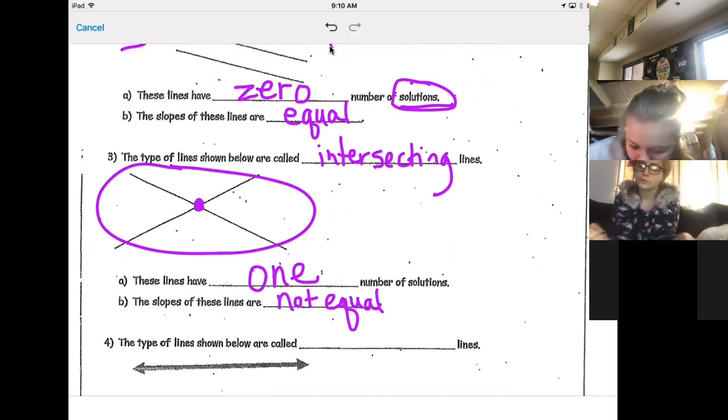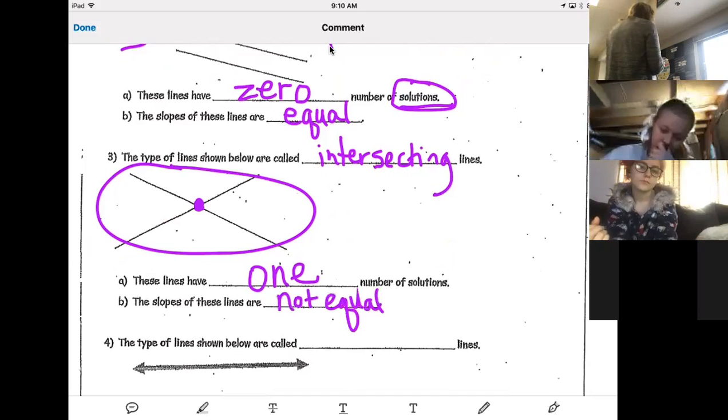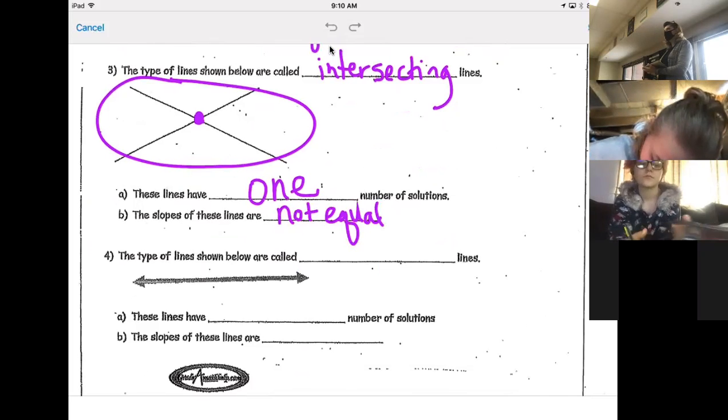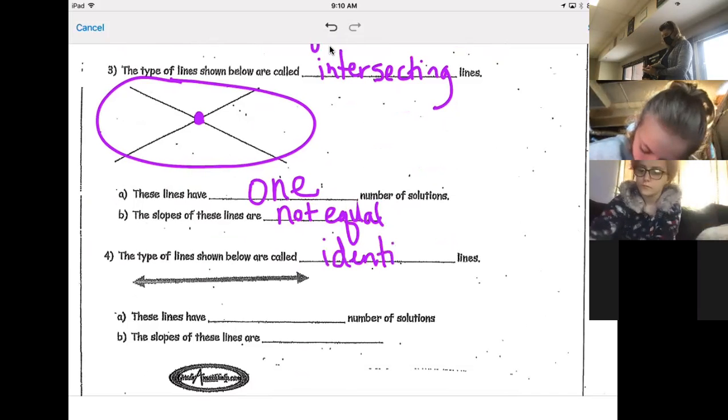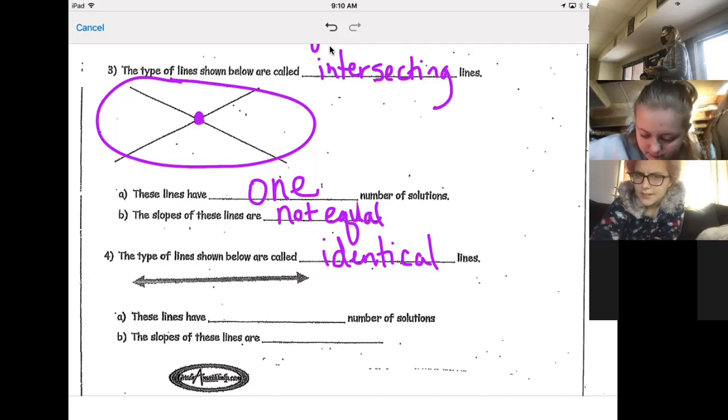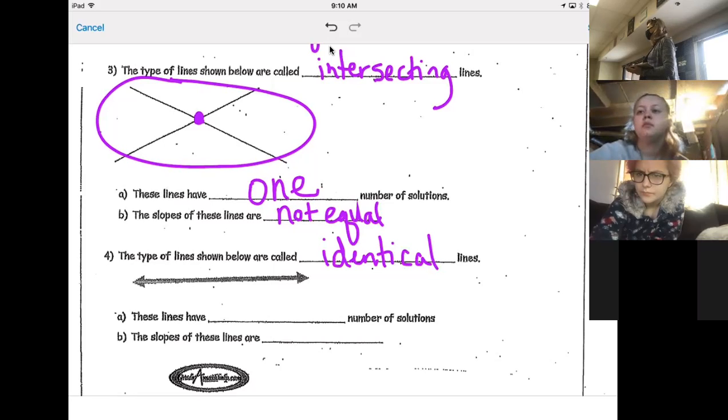All right, now this last one is the weird one. See how it's a really, really thick line? That's because it's like two lines that are the same line. So these would be called identical lines. How many solutions do they have in common? How many points of intersection? Infinity? Yes.